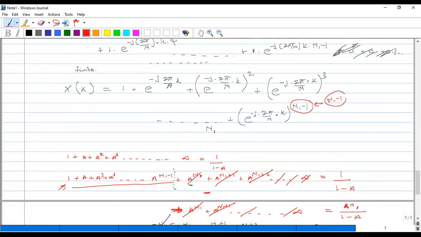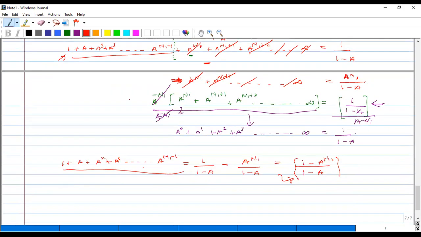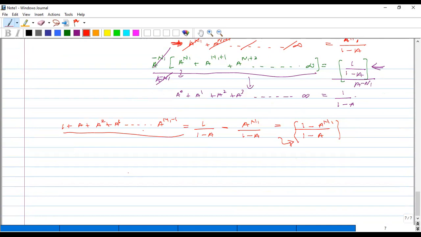If I apply it here, I will have x[k] as 1 minus a^n1, with a = e^(-j2π/N k), divided by 1 minus e^(-j2π/N). So this is the expression I got.